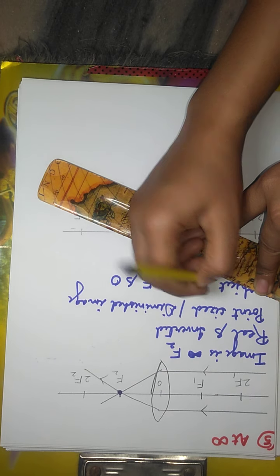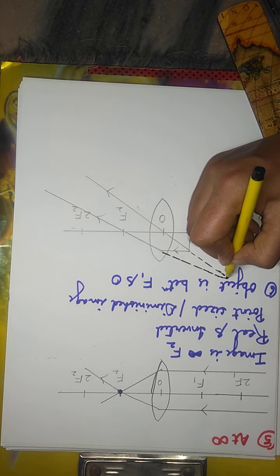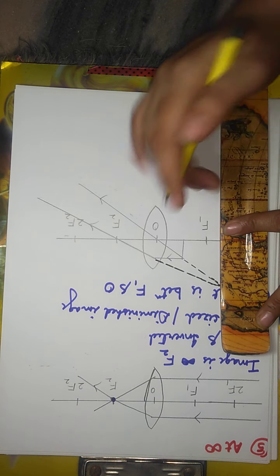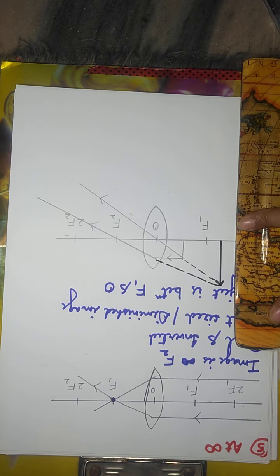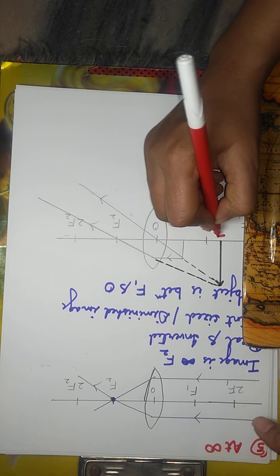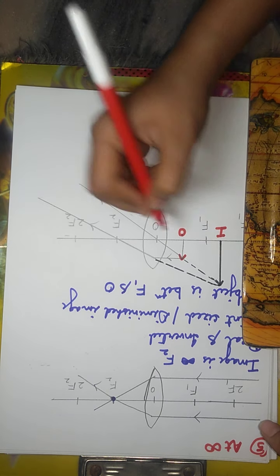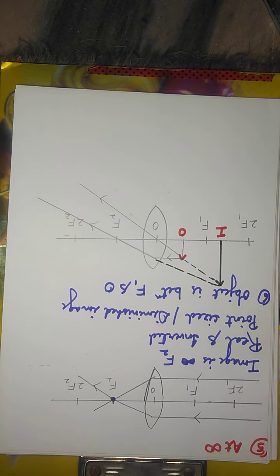That these two rays are meeting at some point. Let us take this point on the principal axis where the image is formed. This is the image and this is the object. So this image is formed on the same side of the lens.